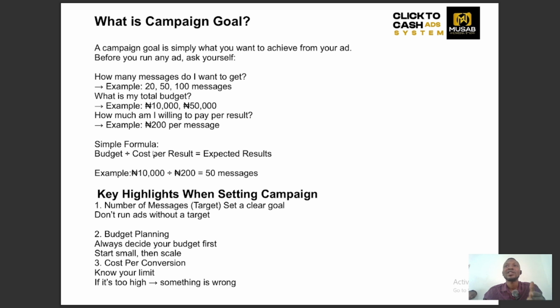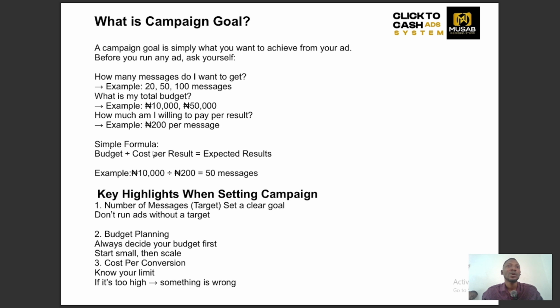In this sense, I want you to start seeing Facebook ad or social media ad as an investment. You are putting money into it with expectation, and your expectation is return on investment, which is also known as ROI. So you need to know how much you are willing to put in the ad and what you are selling.